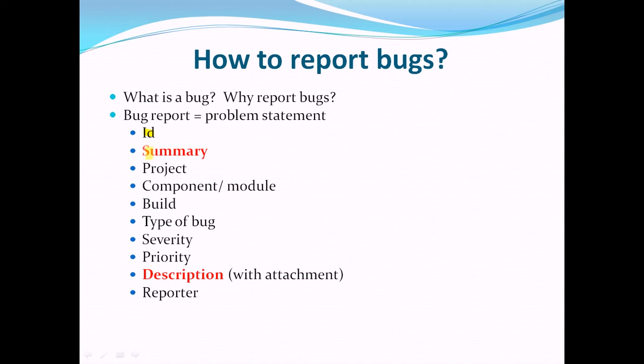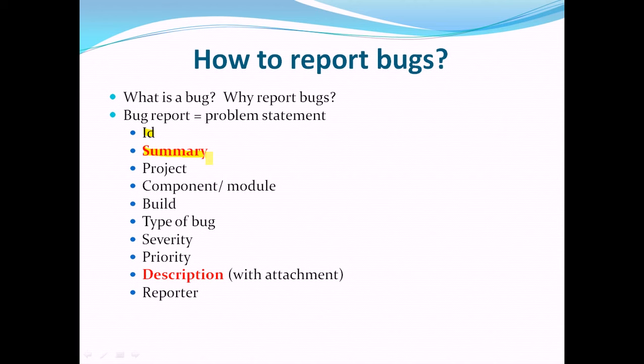Now the next data that you have to give in the bug report is a summary. Summary is, you can say, the most important or the second most important data that you have to write in the bug report. So write it very carefully. The summary should capture the essence, the overall bug or the overall problem, in a compact form, in few words.